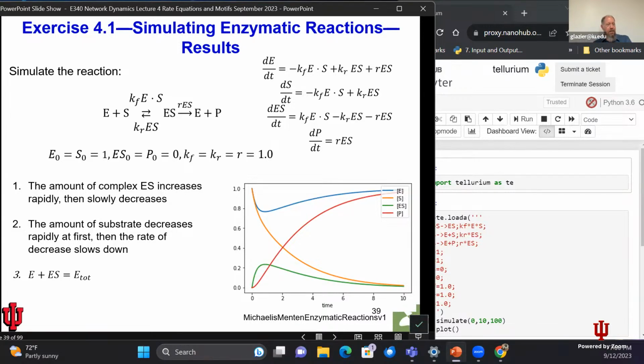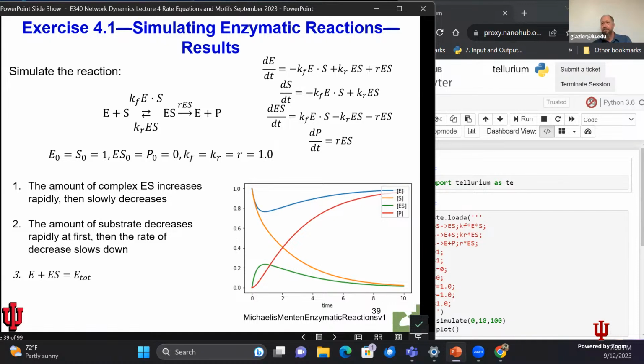And then the only other thing that you might notice is the rate of production of product. If you look at the very beginning, the rate of production of product is very slow. There's this little flat bit right at the beginning of the reaction, because the complex takes time to form.